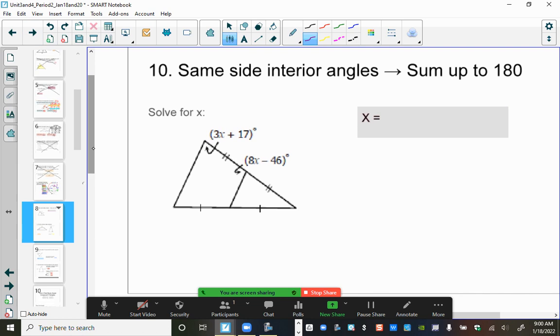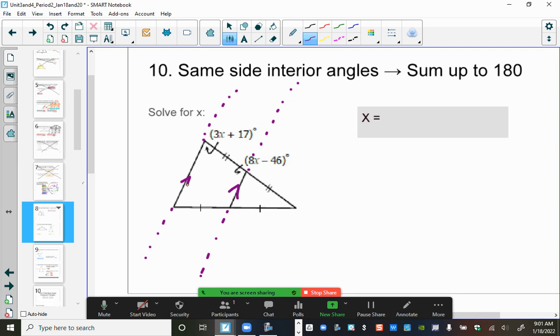What we have going on here, I will let you know that you have parallel lines. Now, anytime you have a problem like this, you have the two parallel lines. These two angles right here that are between the two parallel lines are going to add up to 180.